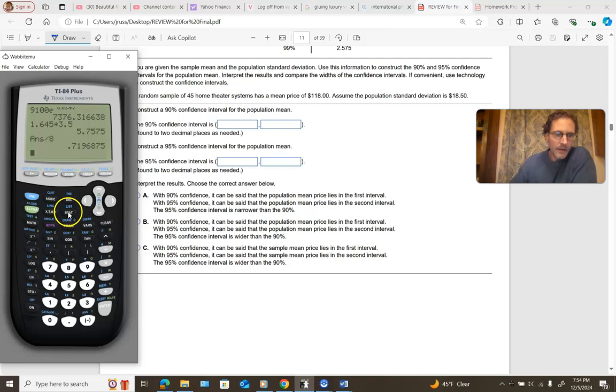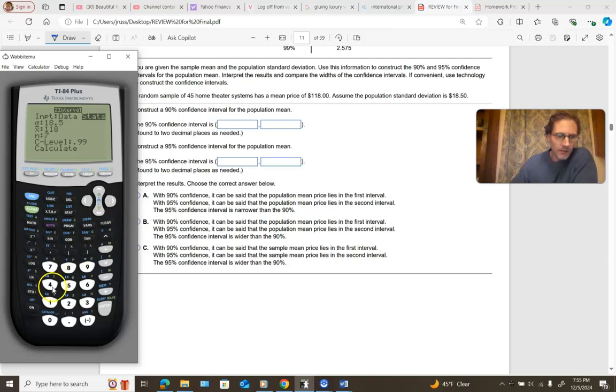So to do this, you go to Stat, you go to Tests, and you come down here to Z interval. You hit Enter. And we're using the statistics, so come over here, make sure you hit enter there. And then the population standard deviation is 18.5. The sample mean is $118.